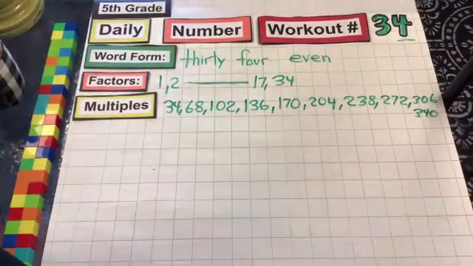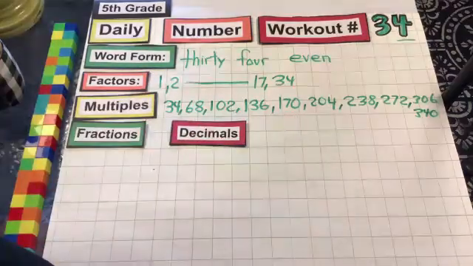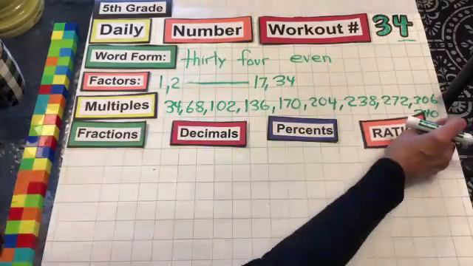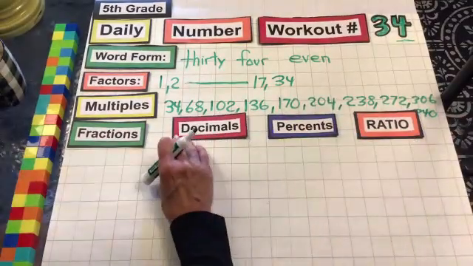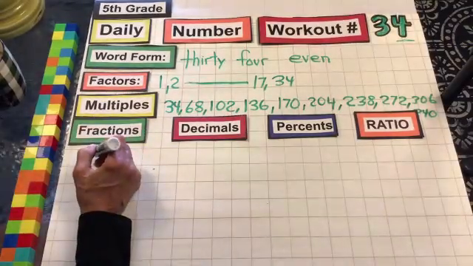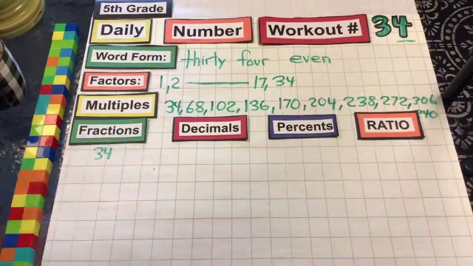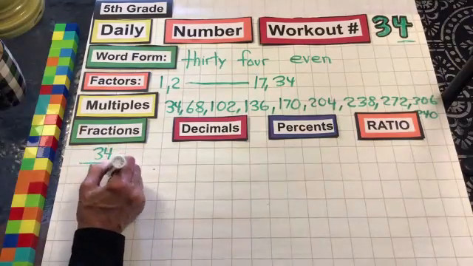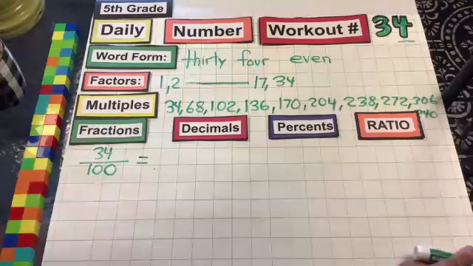to our next categories, which is fractions, decimals, percents, and ratio. I'm going to move these up so that we got plenty of room here to write everything down. So remember, our fractions is always out of 100 days. So today is the 34th day of 100 days, if you're doing one number every day of school, working our way up to the 100th day of school.